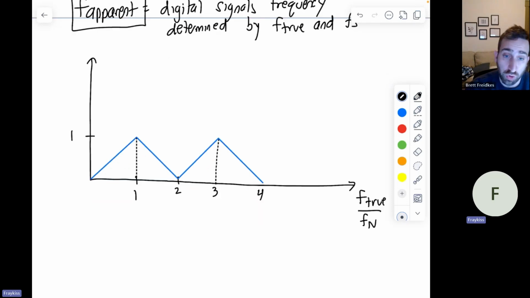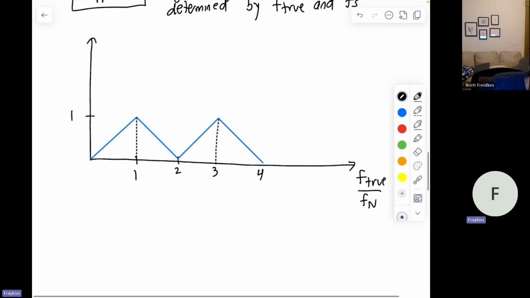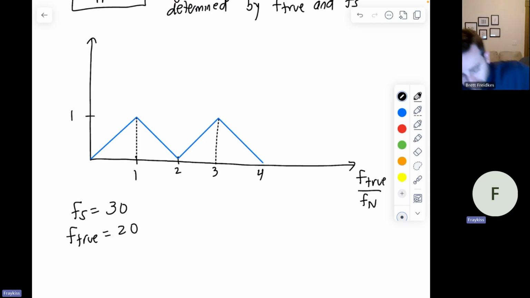So depending on our f true and our fn, we will look at some x value. And maybe I'll give an example. Let's just say that fs is 30. And I'll say that f true is 20. So what we need to find our x value on this graph, I gave you f true.